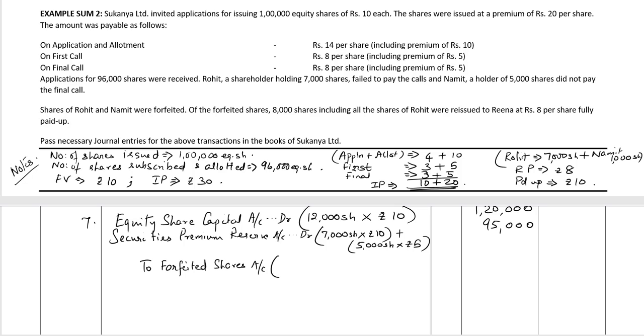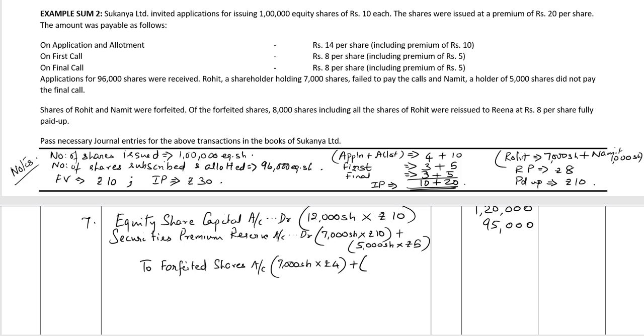The amount received on the shares which have been forfeited, excluding any premium received. On Rohit's 7,000 shares, we received only the application money of rupees 4 excluding premium.